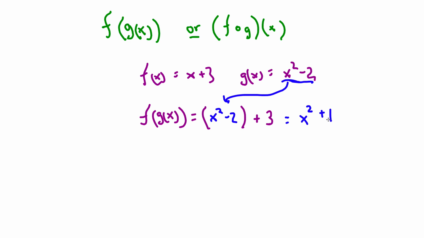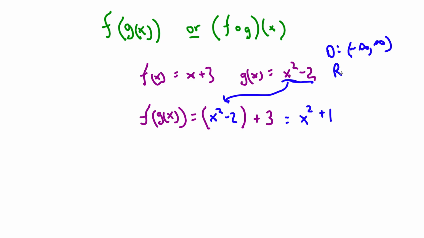Now, the only thing to consider is, are there any restrictions? So the key thing is, whatever the domain of g of x is, which in this case is all real numbers, which means that also because this is quadratic, that would mean that we're talking about -2 and higher. So we know the domain here is -infinity to infinity.